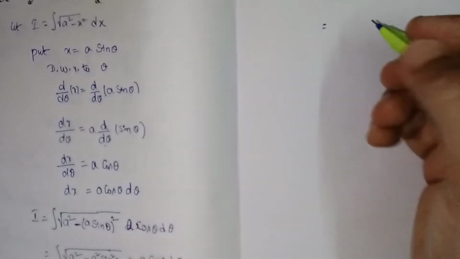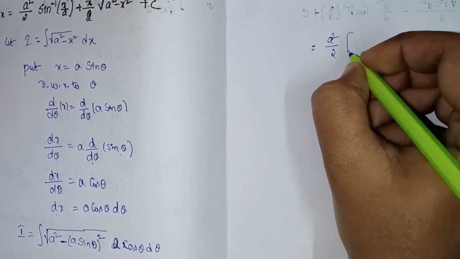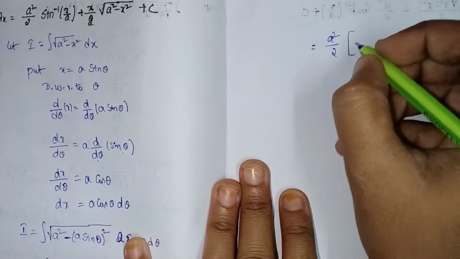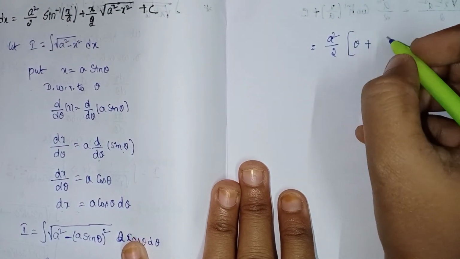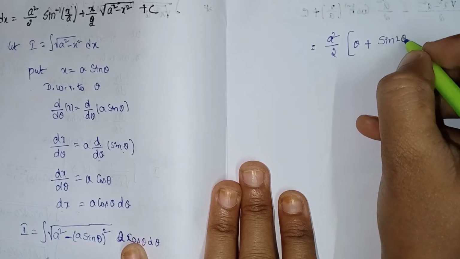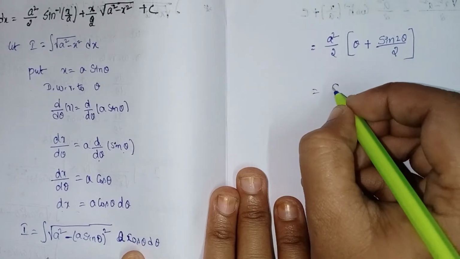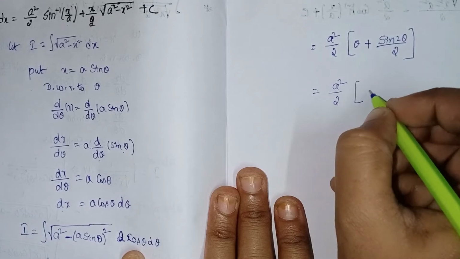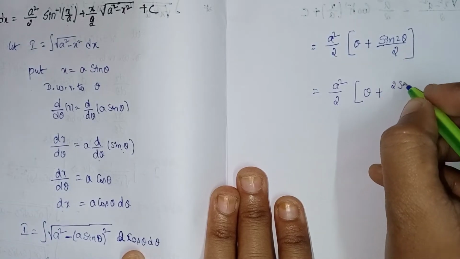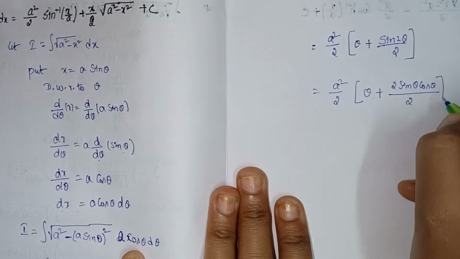So a square by 2 into theta plus the integral of cos 2 theta, which is sin 2 theta by 2. Next, a square by 2 into theta plus sin 2 theta, with the formula 2 sin theta cos theta, by 2.